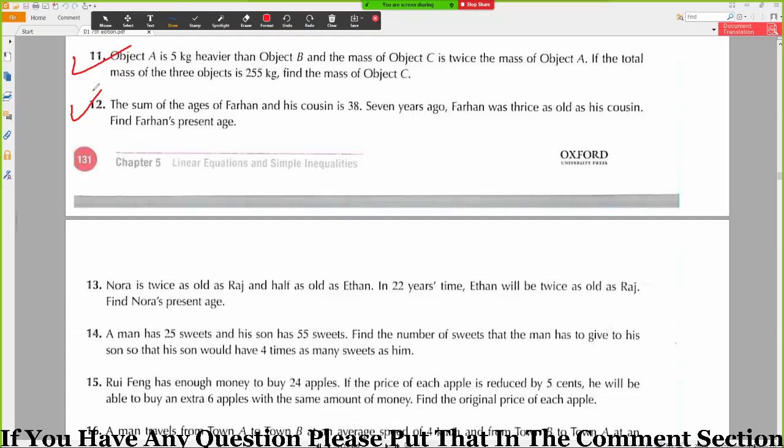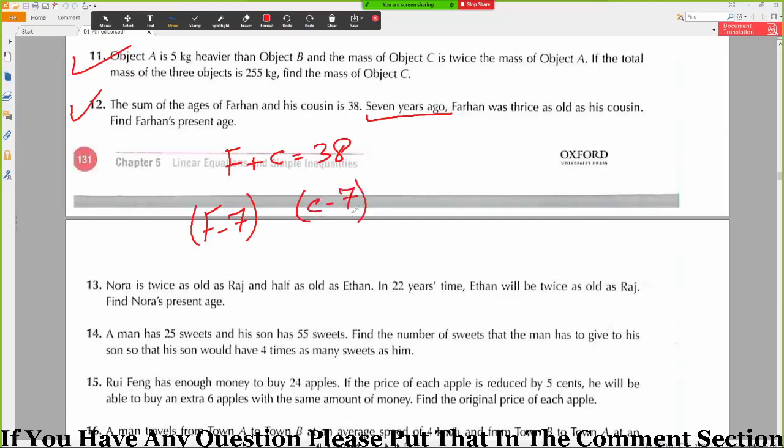The sum of the ages of Farhan and his cousin is 38. 7 years ago, Farhan was thrice as old as his cousin. Find Farhan's present age. The sum of Farhan and his cousin's age is 38. 7 years ago means f minus 7, and this will also be c minus 7.